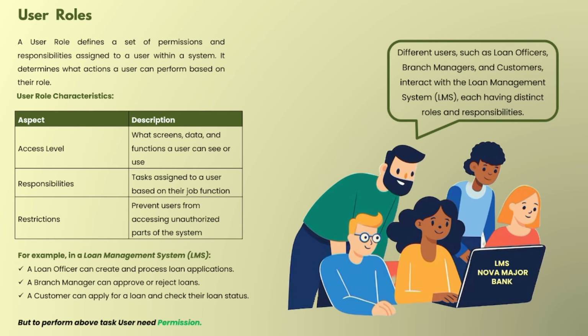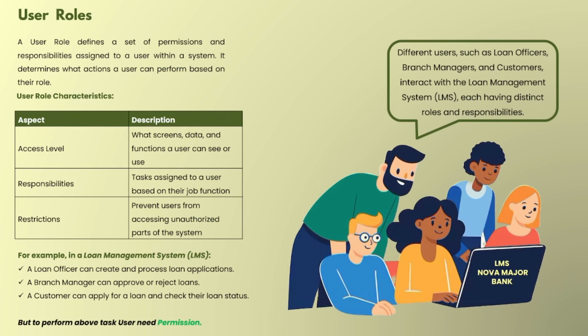So what are the characteristics of a user role? Let us consider access level: what screens, data and functions a user can see or use. Then responsibilities: tasks assigned to a user based on their job function, so a few responsibilities are given to particular users.